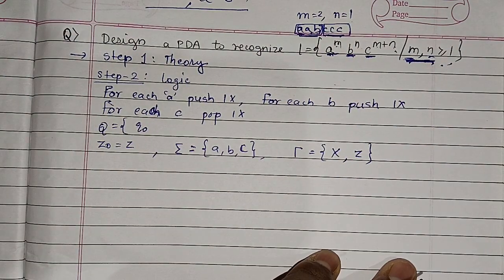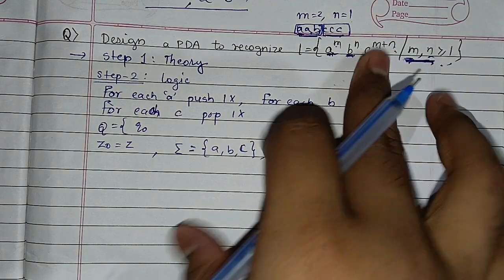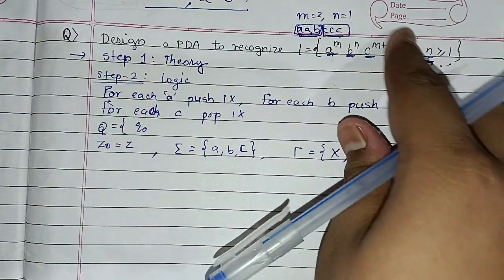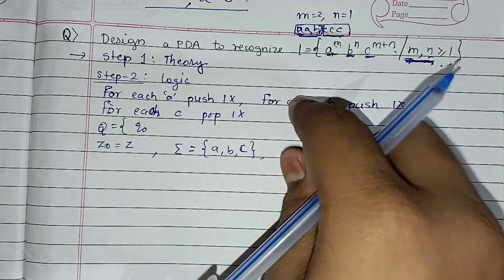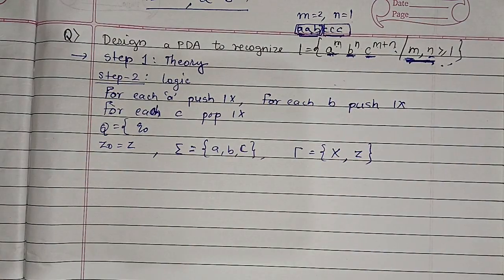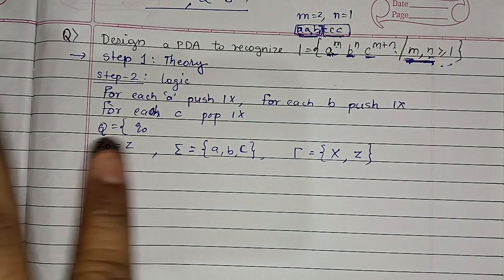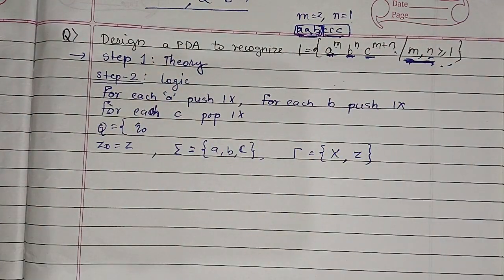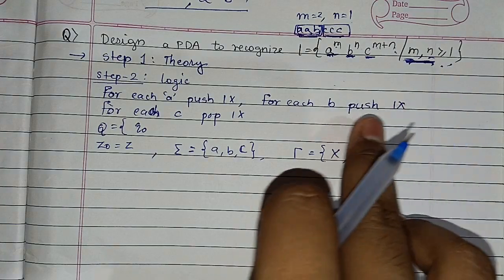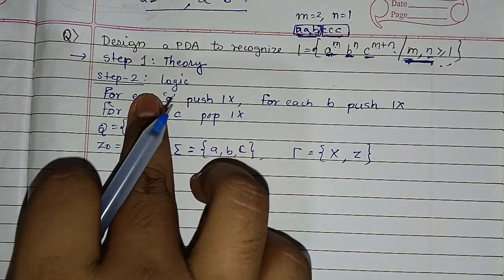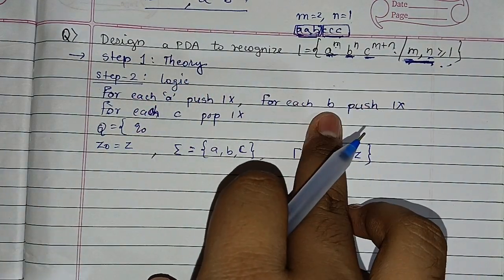Yes, you can do that also, but it will become complicated at the end. While popping for x and y you have to write more transitions. So I am taking x as common for pushing, for a and for b also.